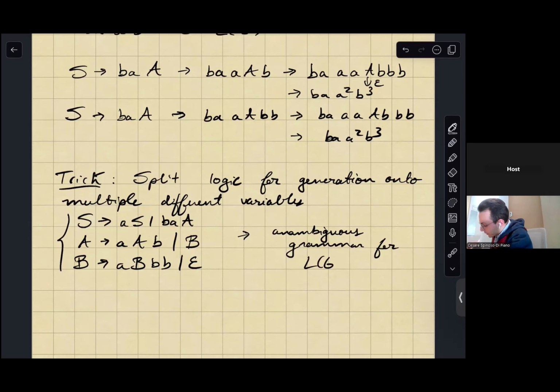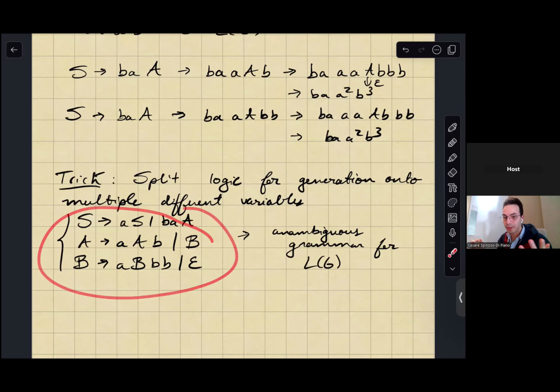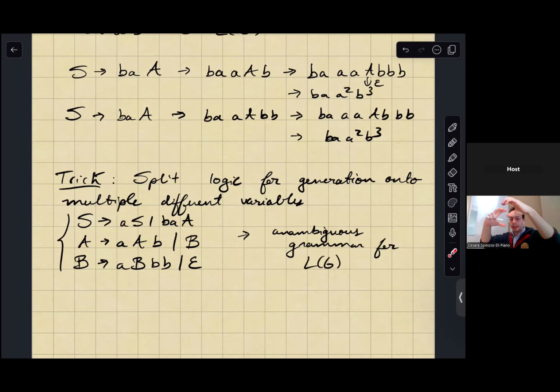And so some of you might be wondering, well, I'm not super convinced, right? If I were you, I would say, well, I'm not super convinced that this fixes it. What tells me that I can't use maybe two A's and then three B's, or three A's and then two B's and then get the same string, right? Well, this is just a property of this language, in fact.